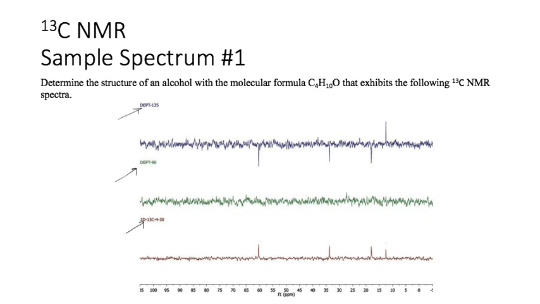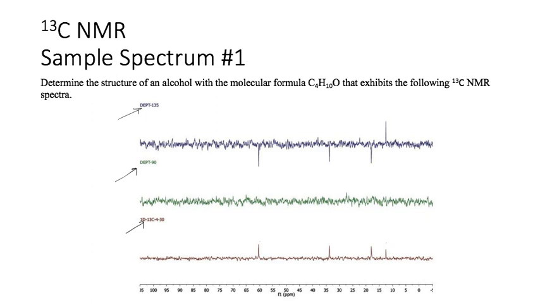In your DEPT 90, you should only see your CH peaks, and they should be in the up direction. And then in your DEPT 135, you can have peaks pointing down, or peaks pointing up. The peaks pointing up are going to be your CH3s, and the peaks pointing down are going to be your CH2s. And if you have something pointing up in both your DEPT 135 and DEPT 90, that tells you you have your CH.